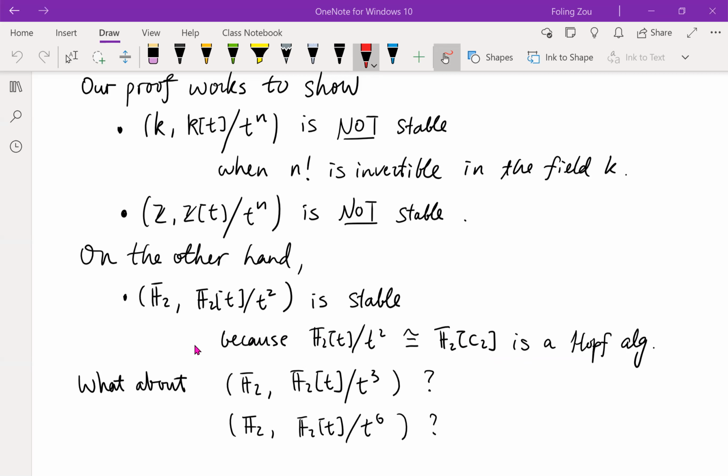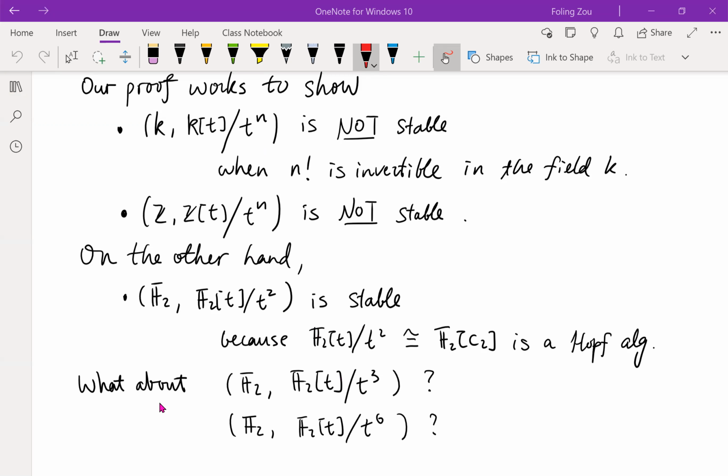So there is some mysterious thing happening relating the characteristic of the field to the power of the truncation. We know this from computational results or from proofs, but I don't understand why this power is so tricky here in this pair of being stable or not. So I don't think I have a good understanding of these results.